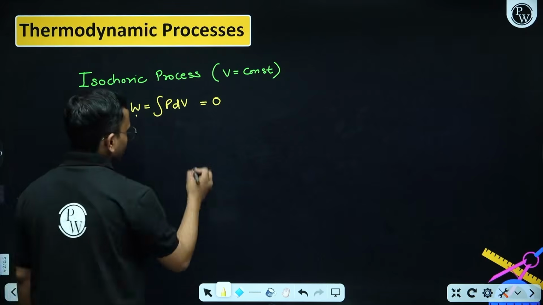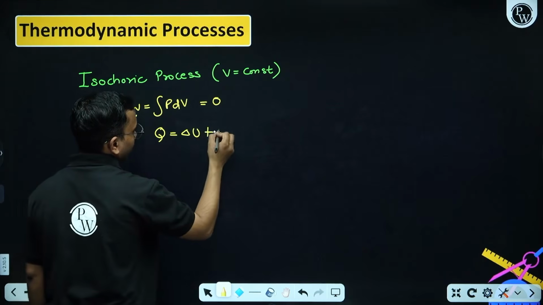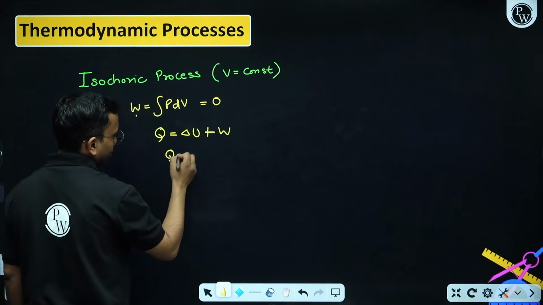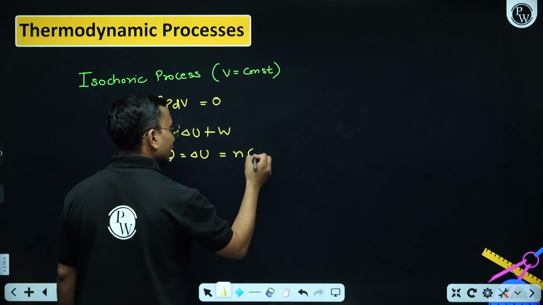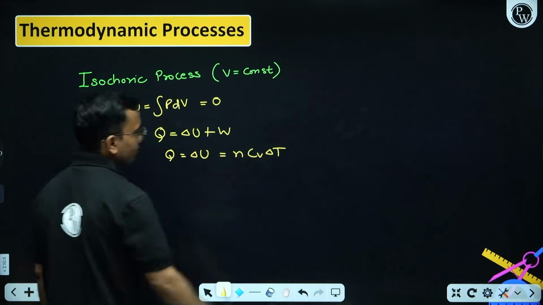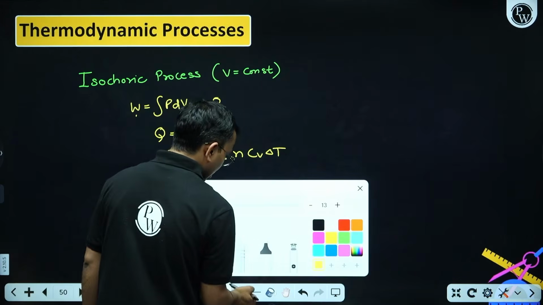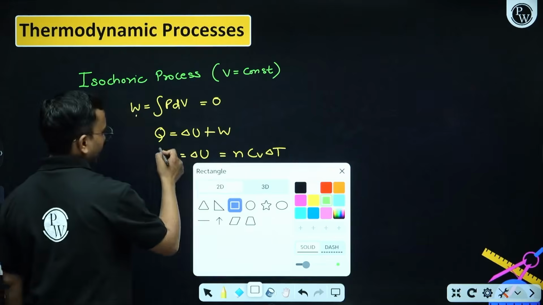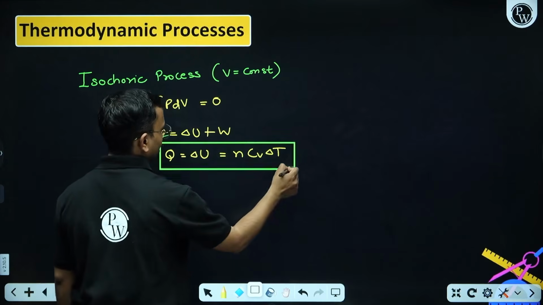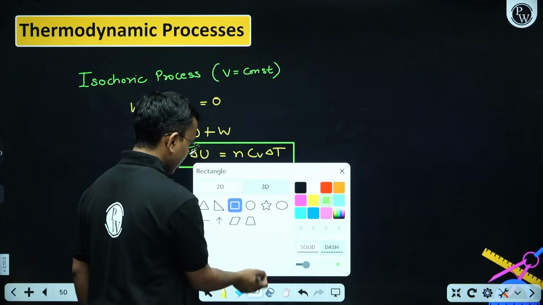If work done is 0, we know that Q is equal to ΔU plus W. It means Q is equal to my ΔU, and ΔU is equal to nCvΔT. Now, how will the PV curve look for the isochoric process?